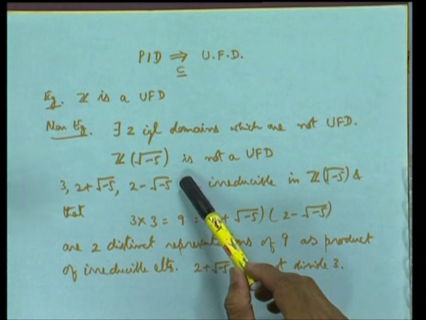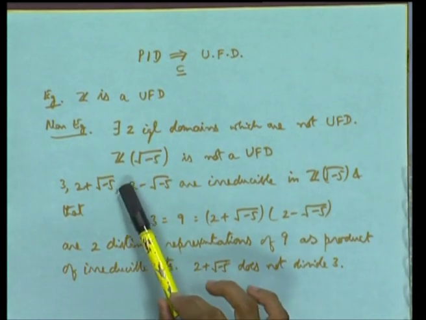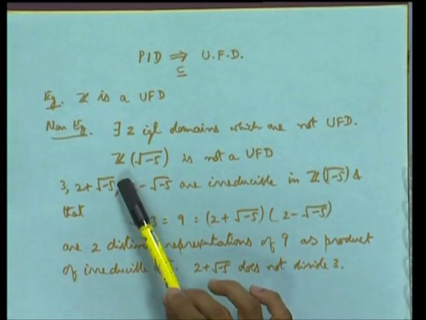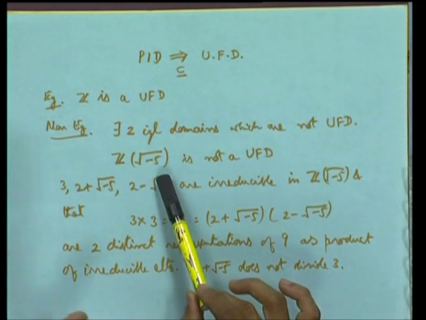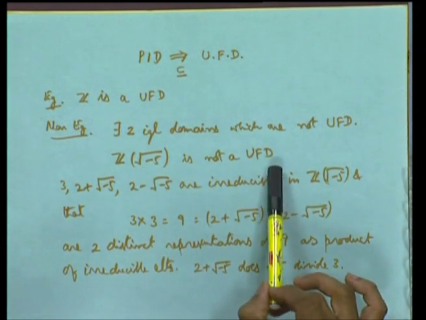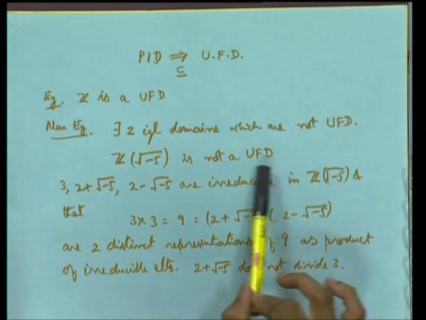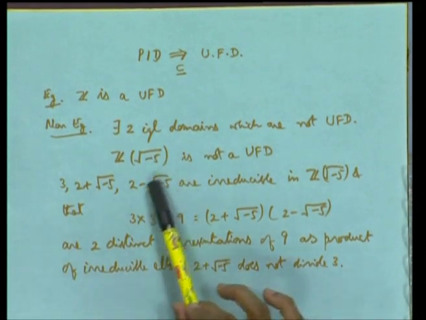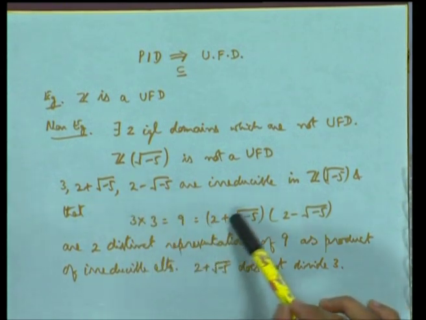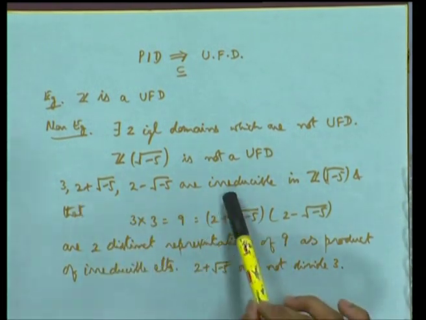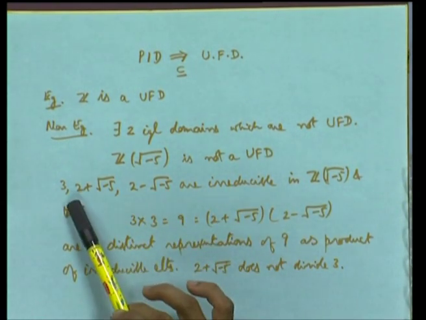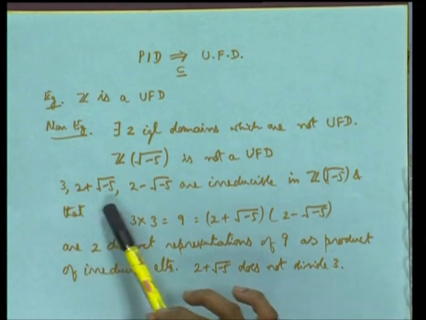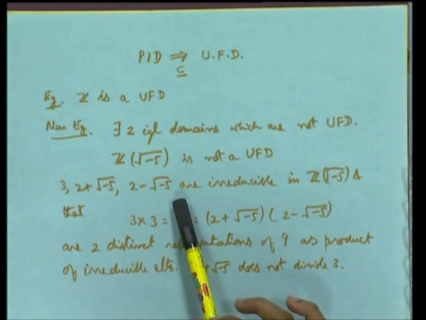Let us consider one of these, that is, Z[√-5], which is not a unique factorization domain. This is an integral domain. So, here we will produce some irreducible elements. They are 3, 2 plus √-5, 2 minus √-5.